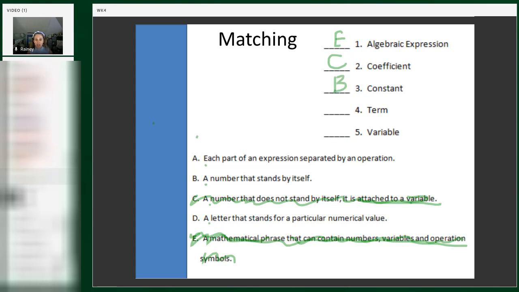That's going to be the number standing by itself. Good. Term. What's number 4? A term. Which term? What's a term? A, yes, correct. Good job. And lastly, a letter. D. All right.